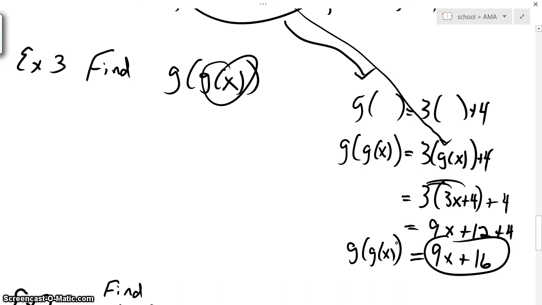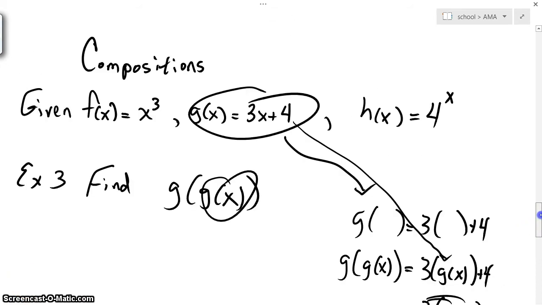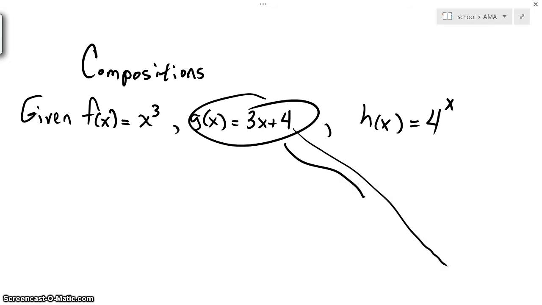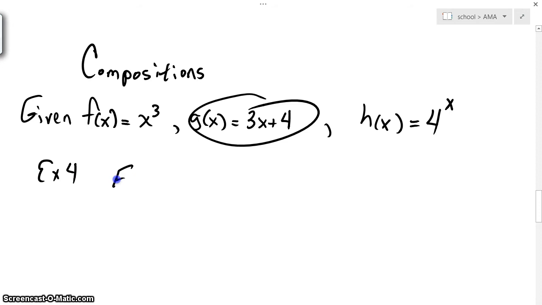Okay, so maybe just one last type of problem, maybe dealing with 3 compositions, just a friendly way to wrap up. For our last one, example 4, what if we had to find h of g of f of -1?